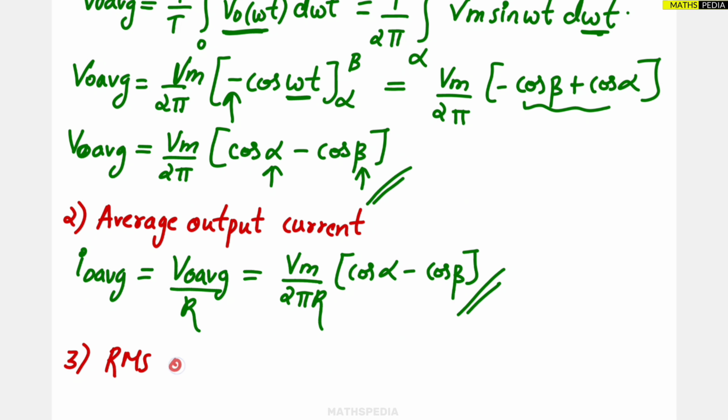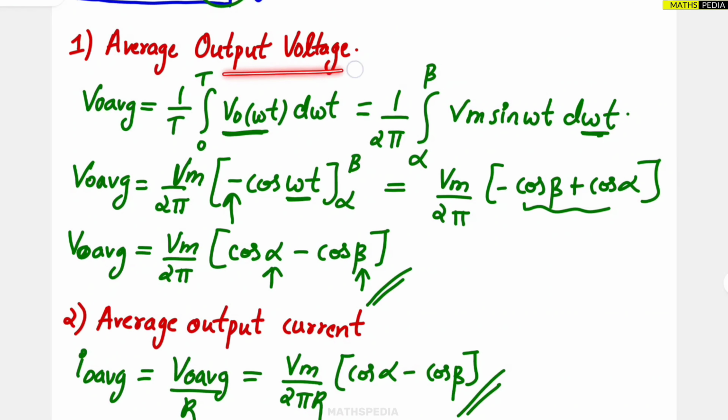RMS output voltage. RMS output voltage is simple when you get the average output voltage. This particular function, you have to take the square root, and inside the integral, whatever the function is there, you square it individually. That's it.